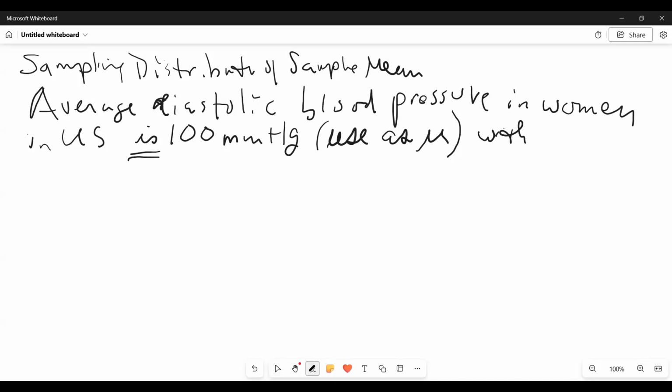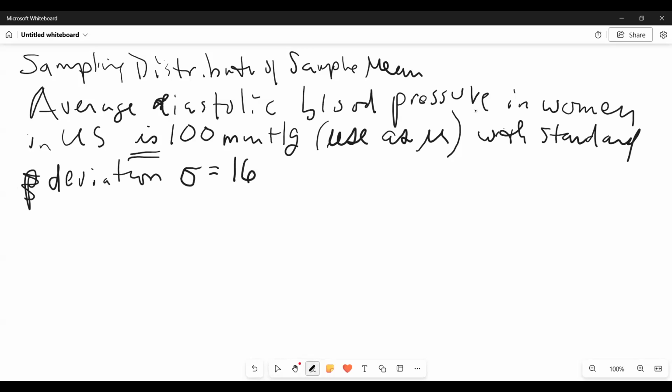Similarly, we know it has a standard deviation, we're going to use this as sigma equals 16 millimeters of mercury.